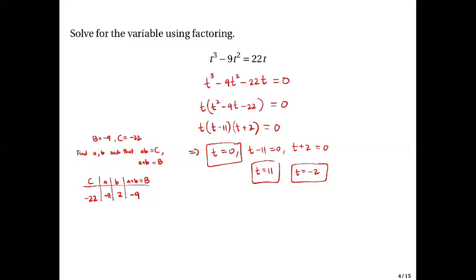So these are the solutions to the equation t cubed minus 9t squared equals 22t. Okay? So again, just a reminder, you were asked to use factoring. If you solved this by other means, you might not get any points. Okay?